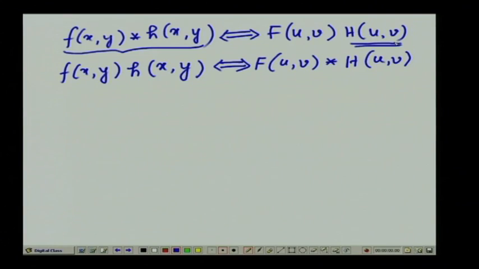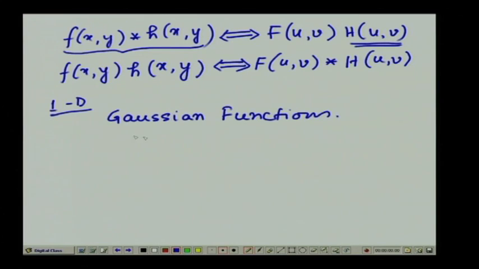Now, to analyze this further, we will take the cases in 1 dimension and consider filters based on Gaussian functions for analysis purposes. The reason we are choosing filters based on Gaussian functions is that the shapes of such functions can be easily specified and easily analyzed.